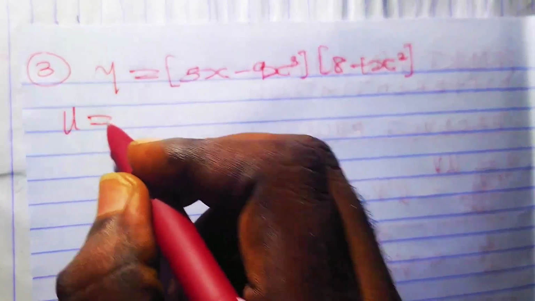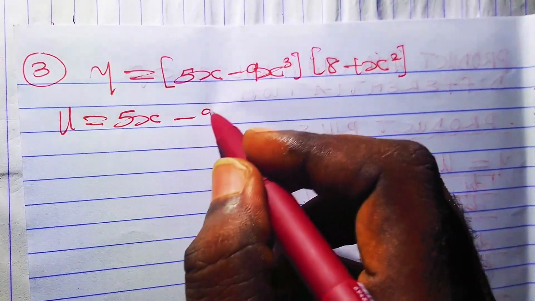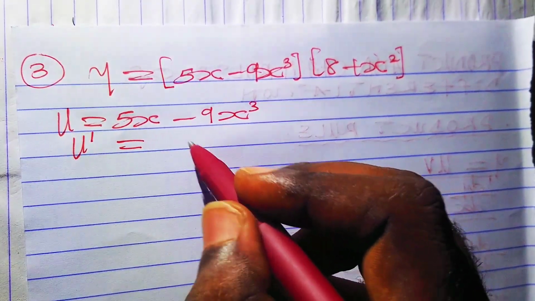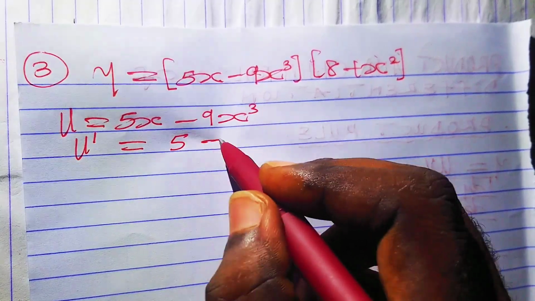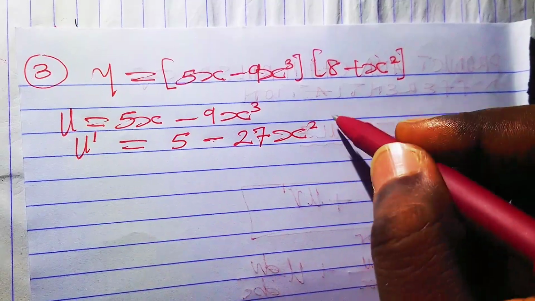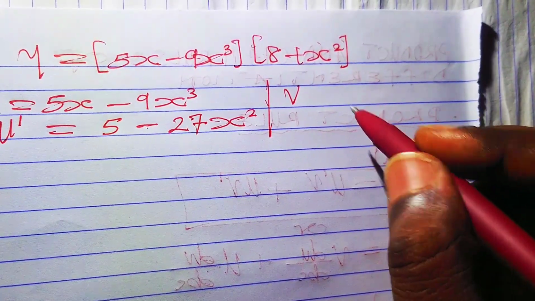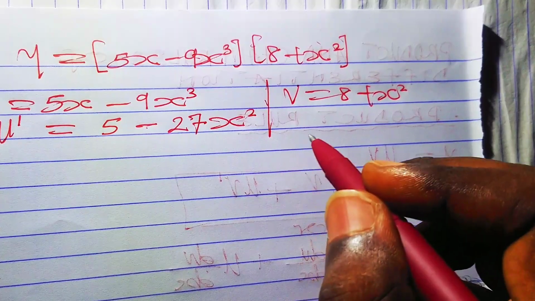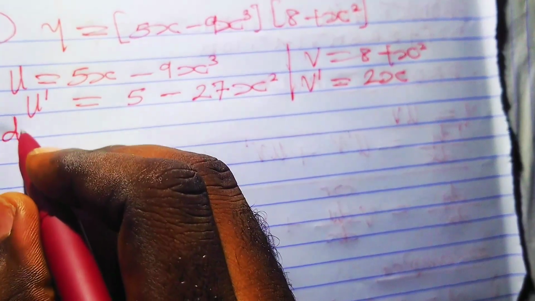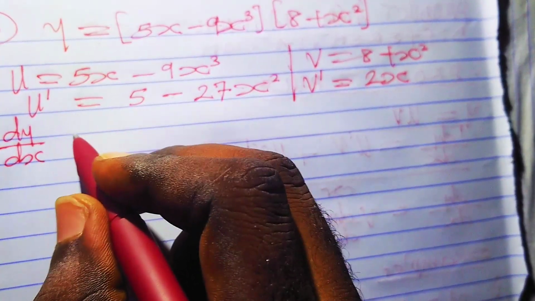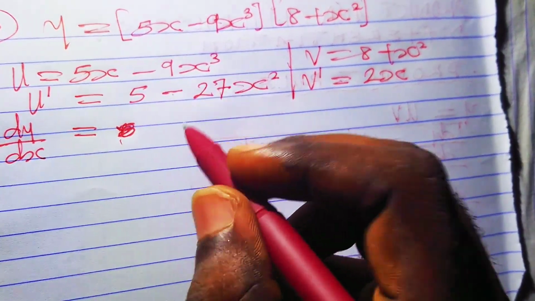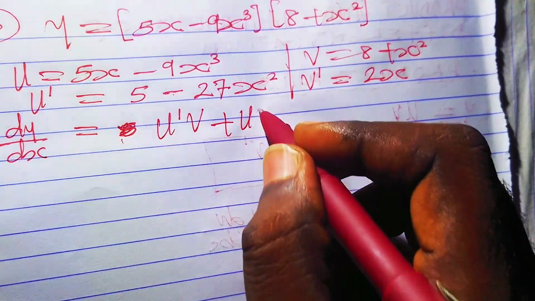So in this case, u equals 5x minus 9x cubed, and then u prime is equivalent to 5 minus 27x squared, that's the differential value of 5x minus 3 times 9, which is 27x squared. And how about v? Our v is going to be 8 plus x squared, that means v prime is equal to 2x. Let me write out the concept: dy/dx is equal to u prime v plus uv prime.